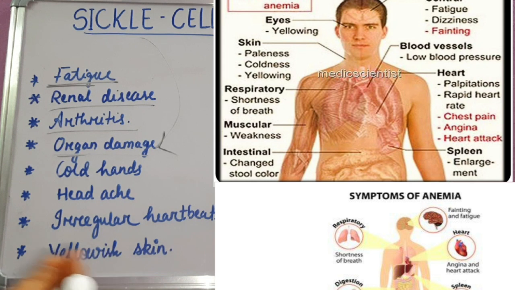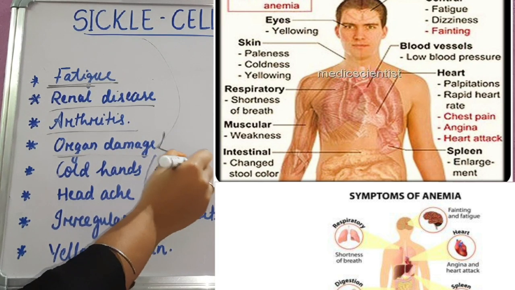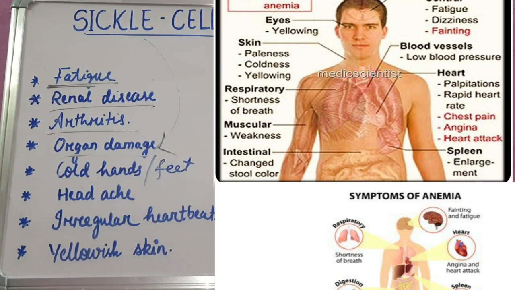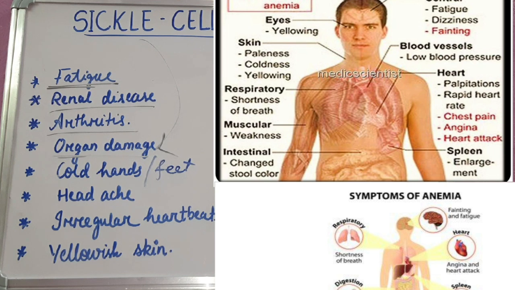Cold hands and feet. Regular headache. Irregular heartbeats, sometimes high and sometimes very low. Yellowish skin. These are some of the signs and symptoms found mostly in sickle cell anemia patients. Here you can see a picture showing different signs and symptoms associated with the sickle cell anemia patient.